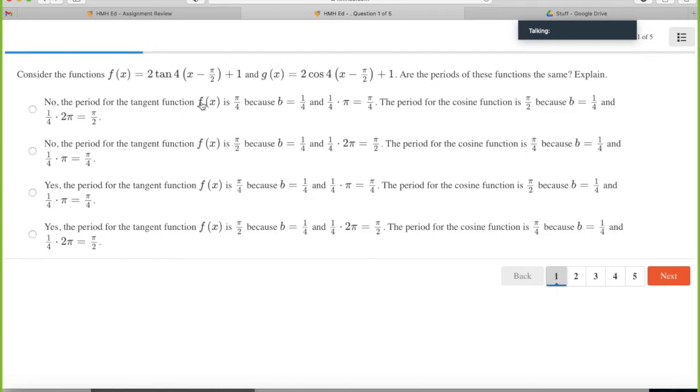The tangent function is pi over 4 because b equals 1 over 4, and 1 over 4 times pi. I'm sorry, that's right. The full period, I was just talking about a half period when I spoke earlier. The full period is b times pi for a tangent. Period of a cosine function is pi over 2 because b equals 1/4, and 1/4 times 2 pi. That one I'm sure of because I was looking straight in the book.